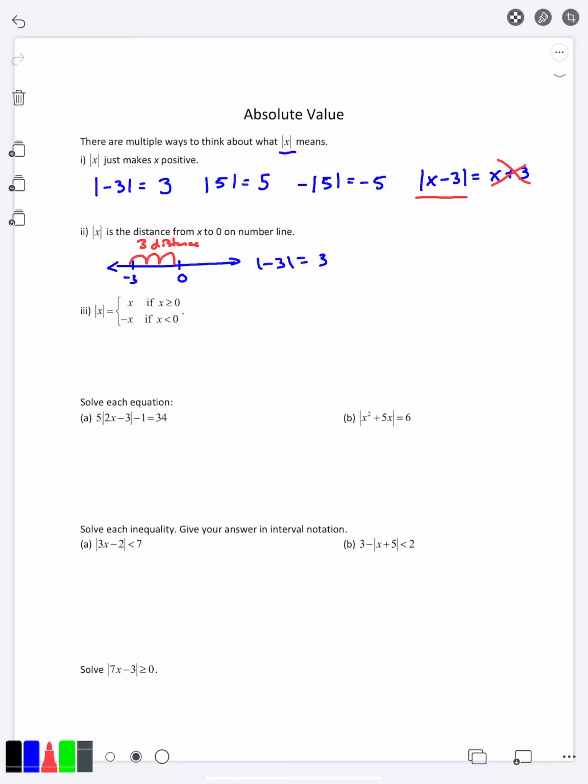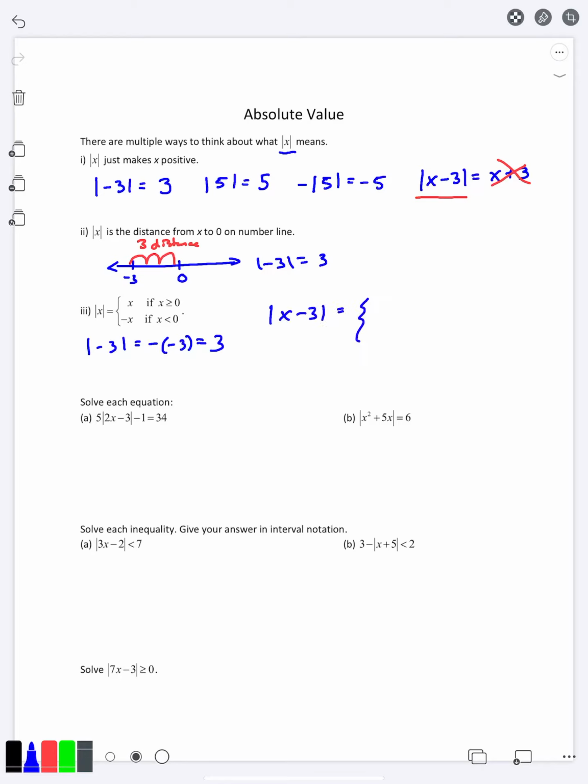So for example, the absolute value of -3, we say, do we use the top rule or the bottom rule? Well, we'd use the bottom rule because it's negative. So it's going to be the opposite of that number, and the absolute value of -3 is 3. And once you have this, you can actually then finally do the absolute value of x minus 3.